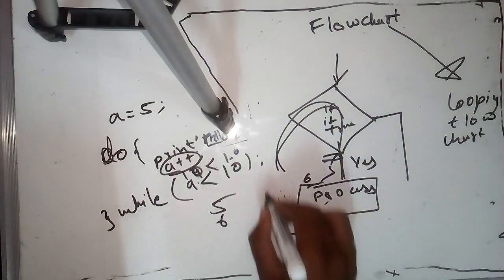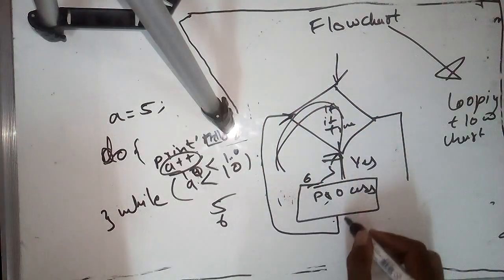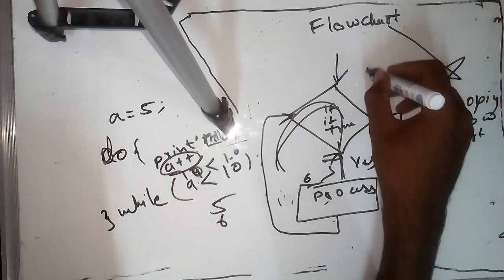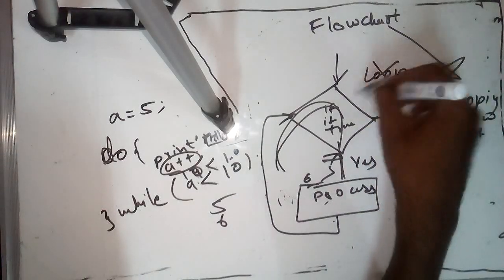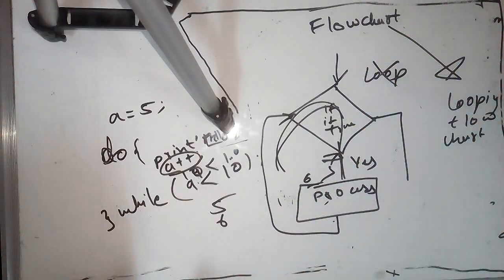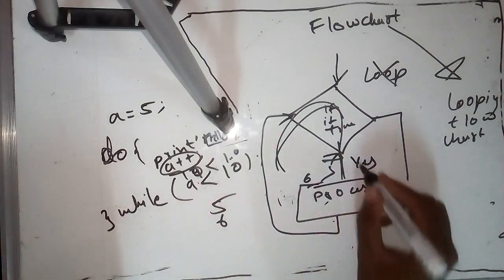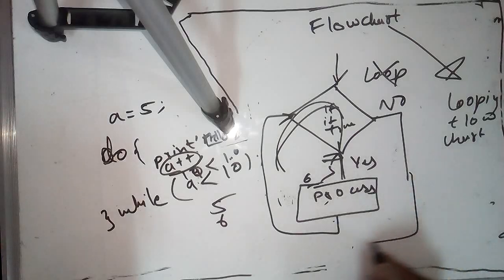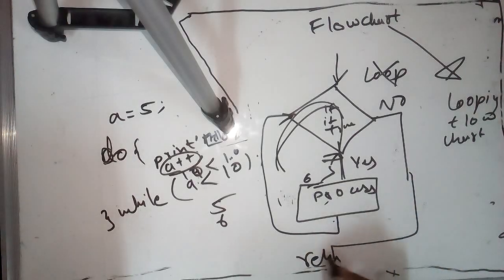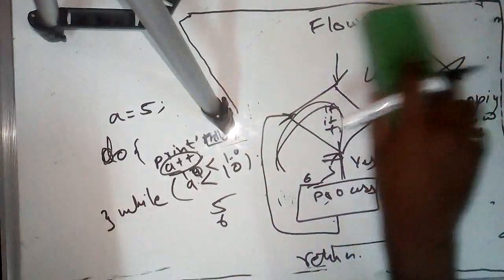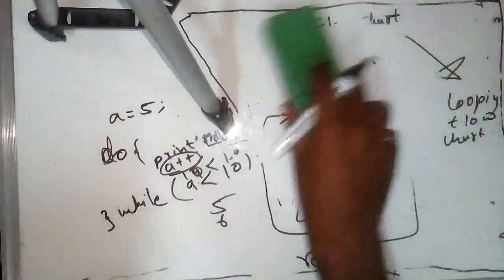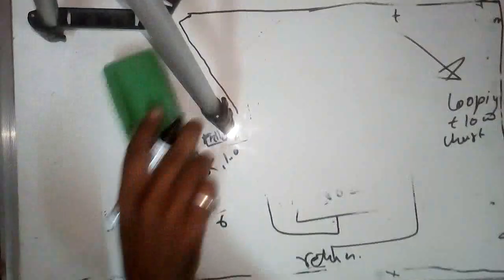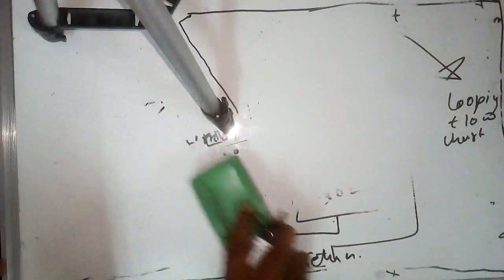That is why we have to put it here. We have to process it until our condition becomes false. When our loop gets false, we simply return, right? We will go to no, and then here we return our value. So this is about the 3 kinds of flowchart that we normally have. Okay, great.